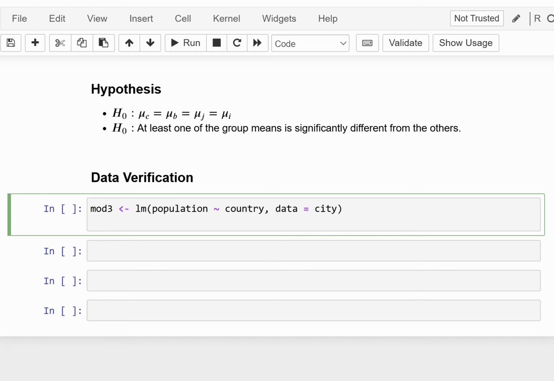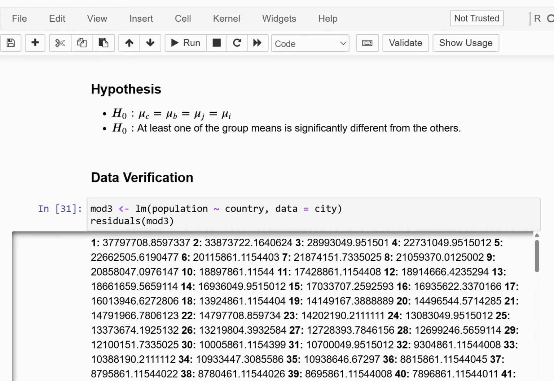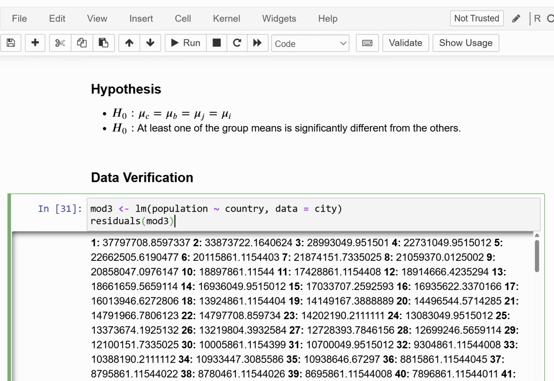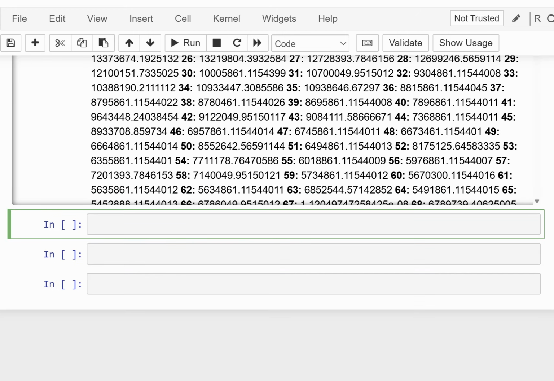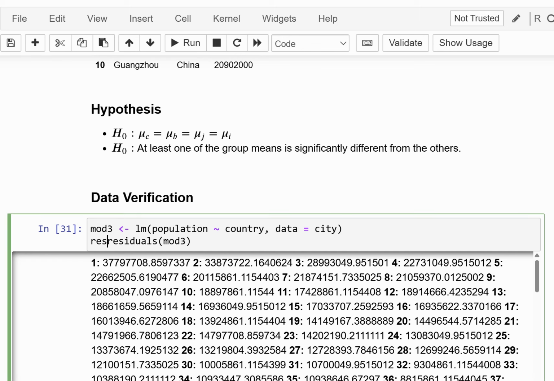And then I want to do the residuals of the Model 3. Oh, yeah, I wanted to name that, so I don't want it to print out. Let me call this res3.